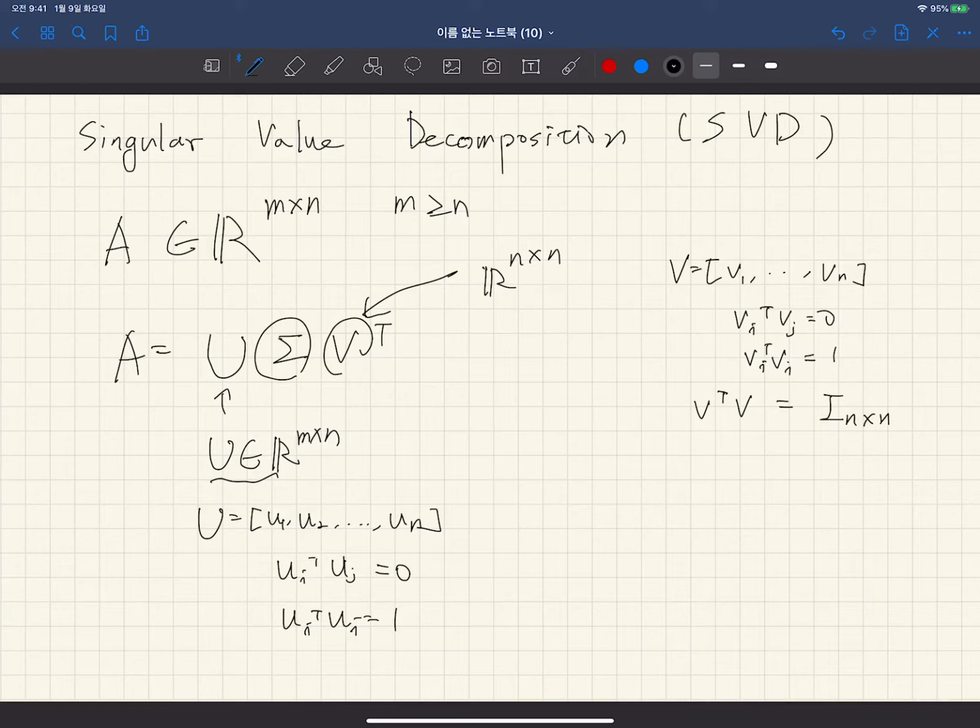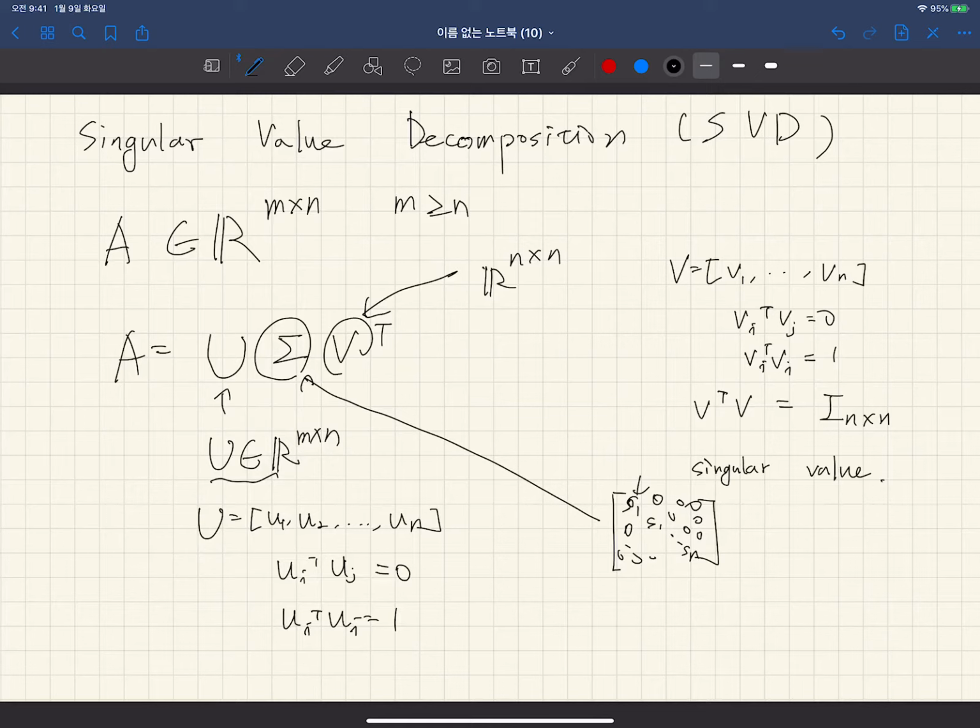What is this sigma matrix? Sigma is a diagonal matrix with all off-diagonal elements equal to 0, and the diagonal elements are positive numbers. Each number is called a singular value, and each vector is called a singular vector.